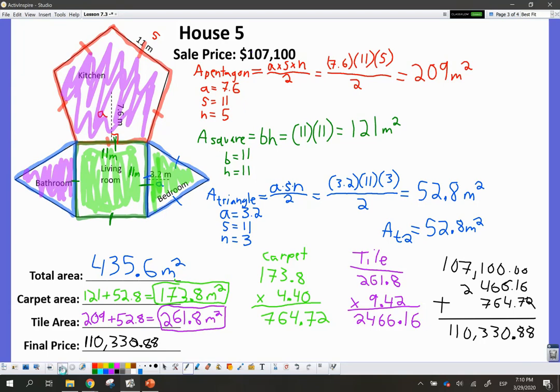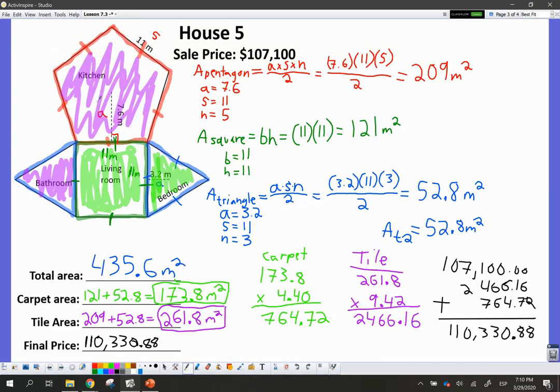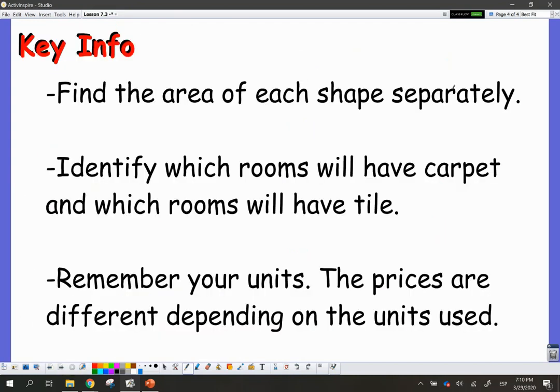So here's a couple of things that I want you guys to take away from this. Make sure that you're finding the area of each shape separately. That's how we're going to start out. Remember, we need to start by identifying all of our shapes and then finding out the area of each shape individually. The other thing is we need to identify which rooms will have carpet and which rooms will have tile.